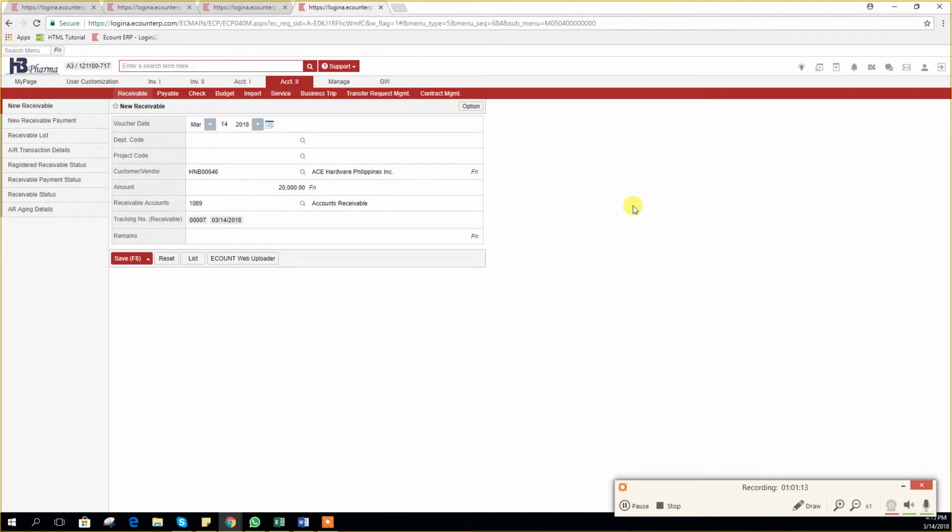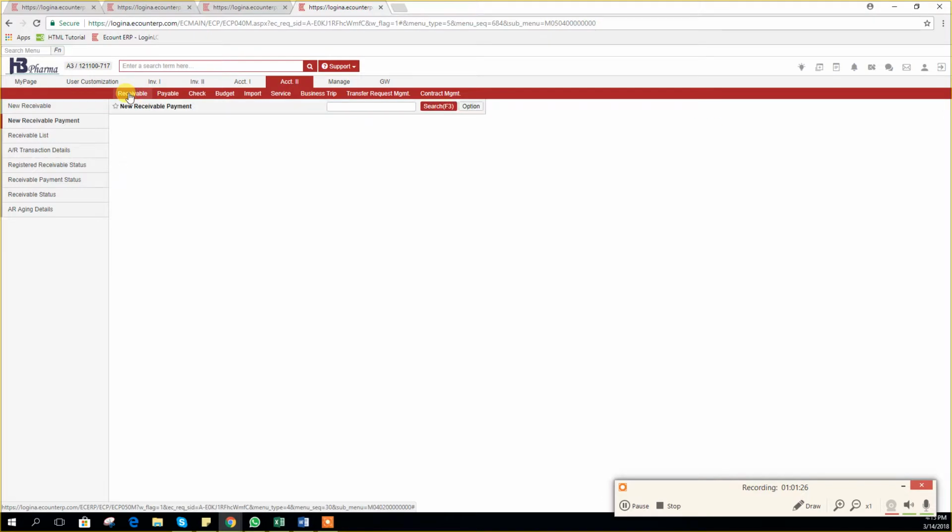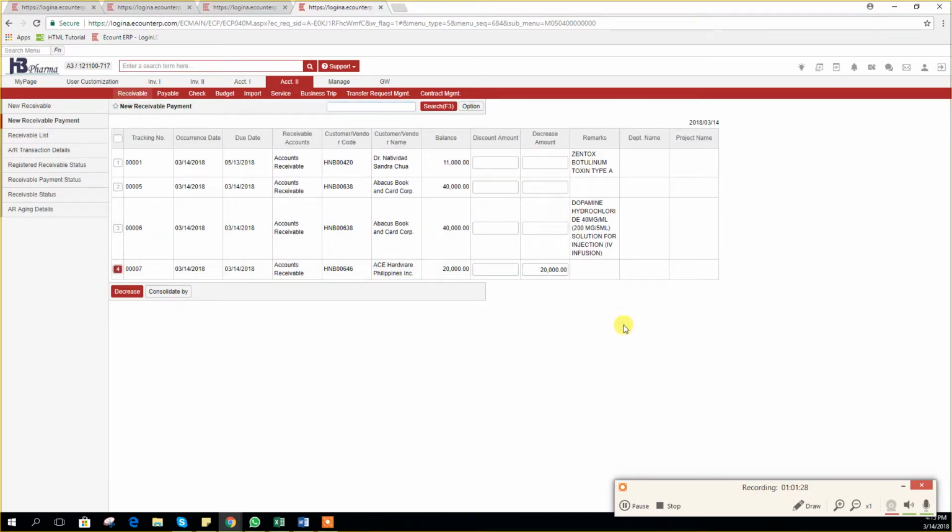There's no invoice. So I save. Is it going to be inside receivable? Yes. There's no invoice also, but then I have a receivable.